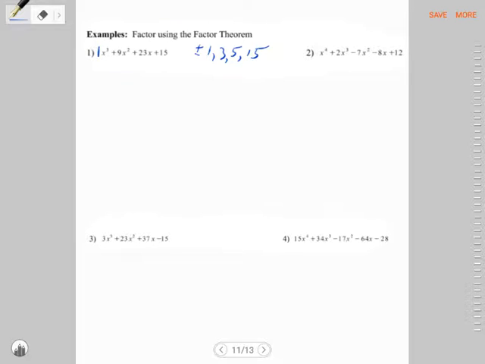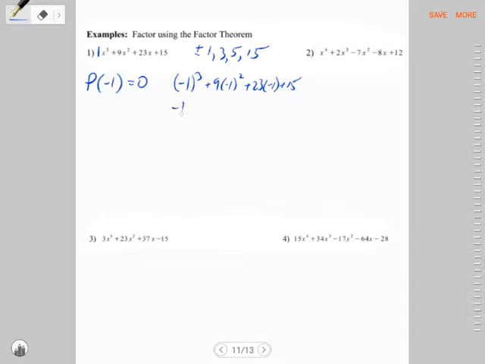So if we have a quick look at what makes this work, one of the zeros, let's say p of -1 works. And let me just show you once how this works. If I put -1 into this equation, -1 cubed is just -1, plus 9 times -1 squared, plus 23 times -1. I'm not going to do this for every single one, but we're just going to see it once.